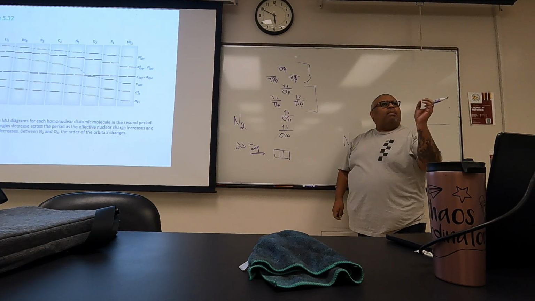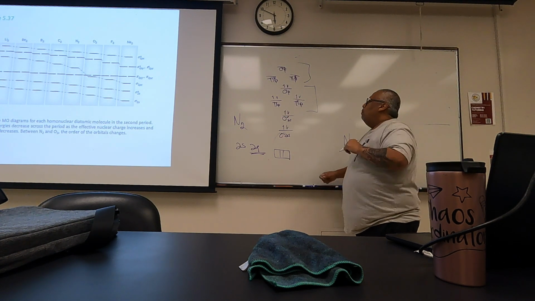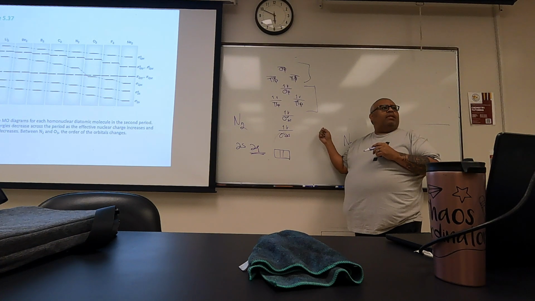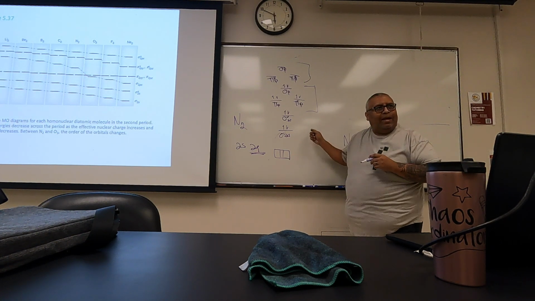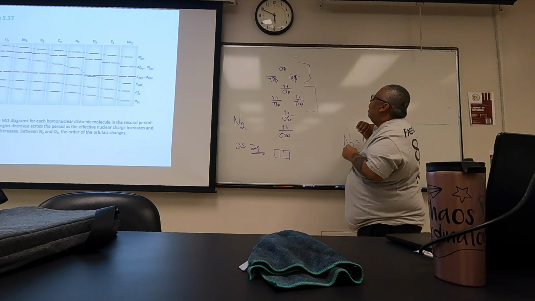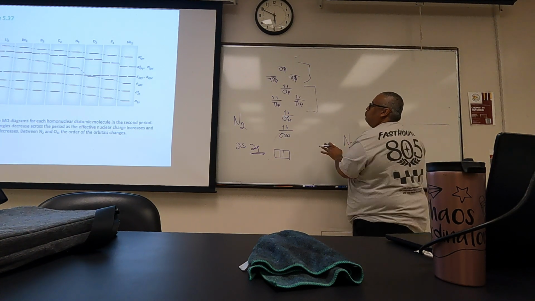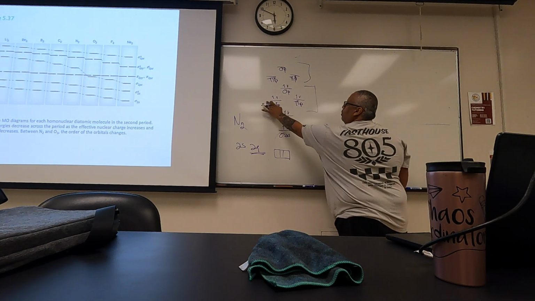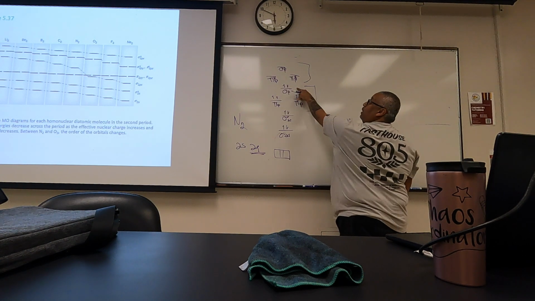Now let's calculate bond order. Remember how to calculate bond order? We take the bonding electrons minus the anti-bonding electrons and then divide that number by 2. So how many bonding electrons do we see here? Sorry. Are these bonding or anti-bonding?